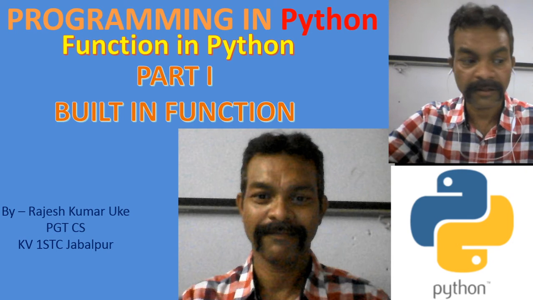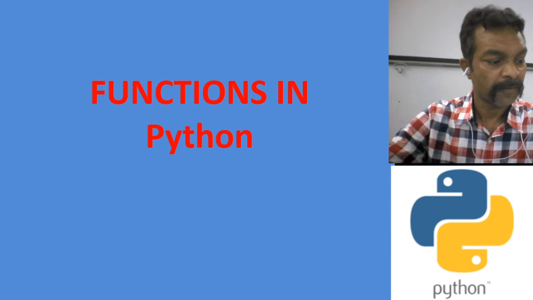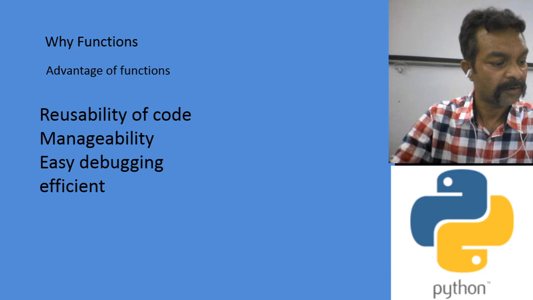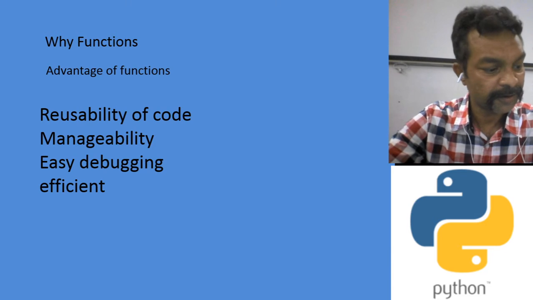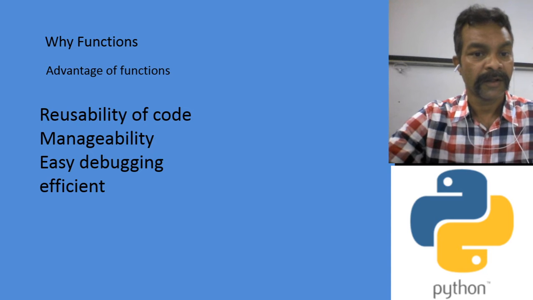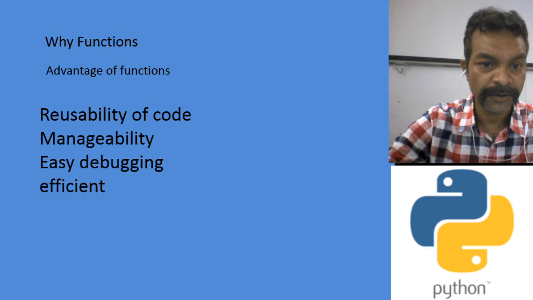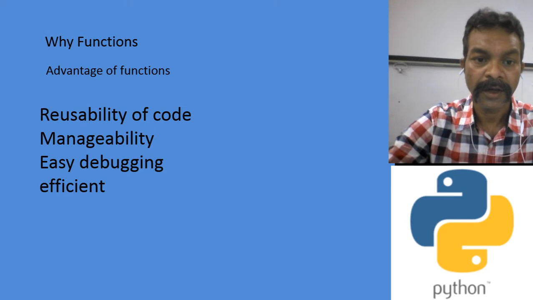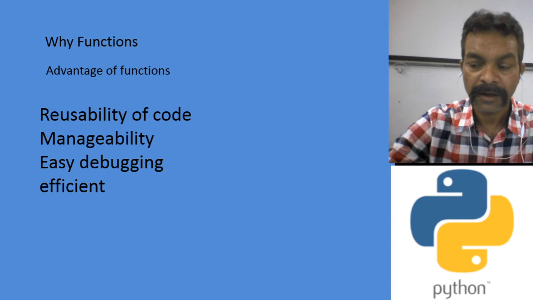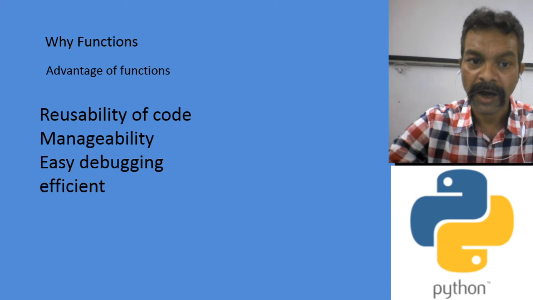So let us start with the advantages of function. Why we use function, why function is important in Python programming. The first advantage of function is reusability of code. Reusability of code means once we have written the code of a function, after that we will only use that function.